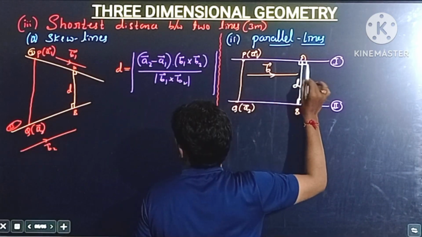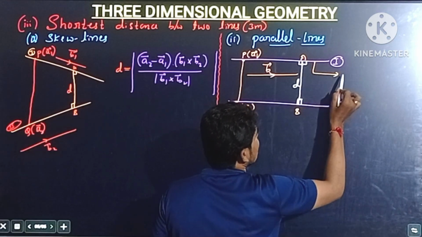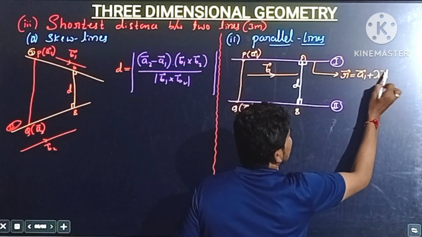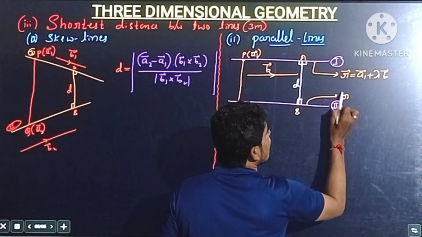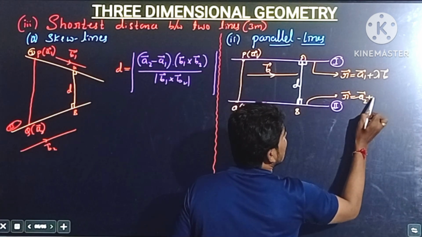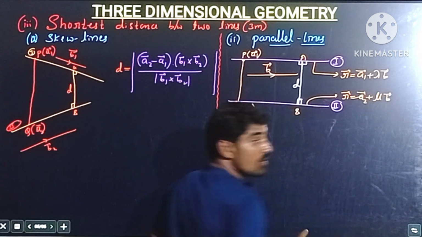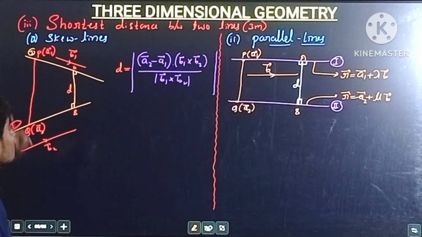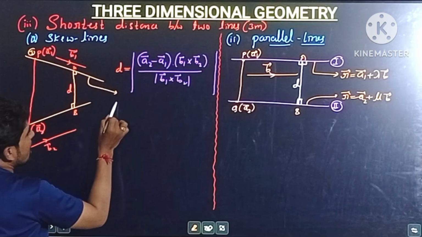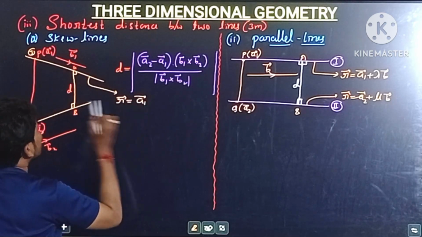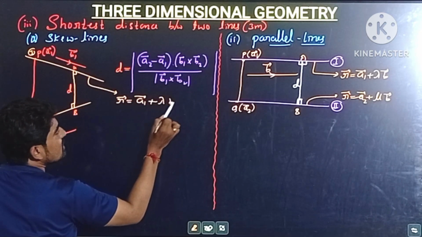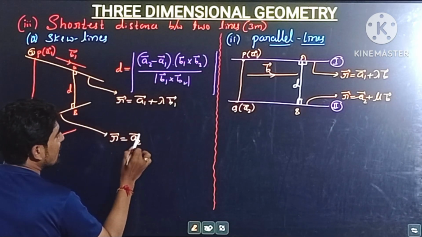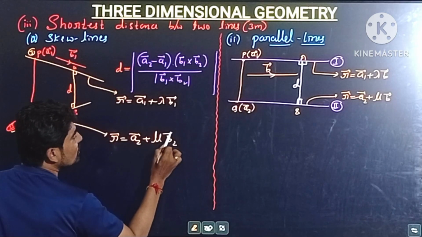Therefore, the equation of the first line is R vector equals A1 vector plus lambda times B vector, and the equation of the second line is R vector equals A2 vector plus mu times B vector. But for skew lines, we have two different parallel vectors for the first line and second line. So the equation of the first line is R vector equals A1 vector plus lambda times B1 vector, and the equation of the second line is R vector equals A2 vector plus mu times B2 vector.